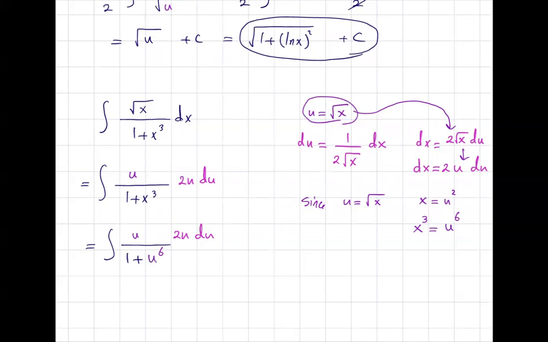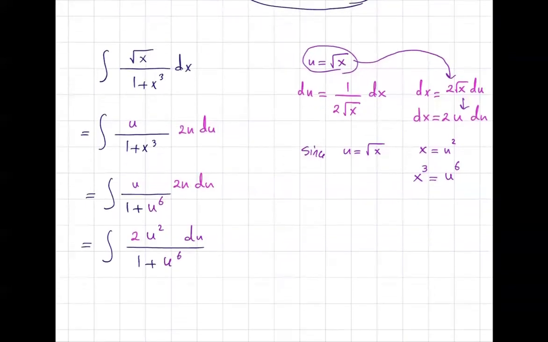Excellent. This integral is equal to the integral of 2 times u to the power 2 du divided by 1 plus u to the power 6. Okay, so what should I do now? How do I find this integral?